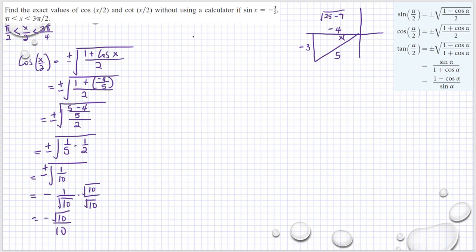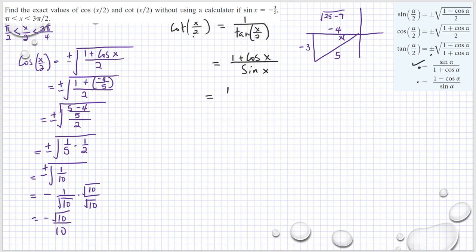For part b, we have cotangent x over 2, and that is the same as 1 over tangent x over 2. So we can use which of these? This is complicated, but that's alright. We can start with the reciprocal of this one: 1 plus cosine x over sine x.